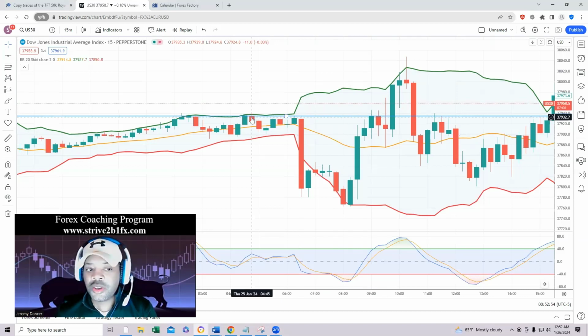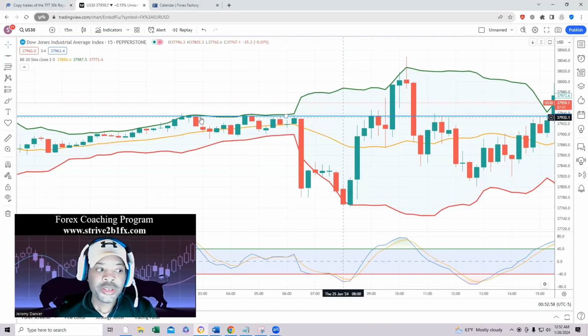So when you see this resistance, resistance is only valid if it's a high supply zone. So you can see here the price went to this level, came down, and you can also see it touched this resistance line several times and the price kept going down. But if you're looking at these candles, what you are not noticing is that there's no supply zone.